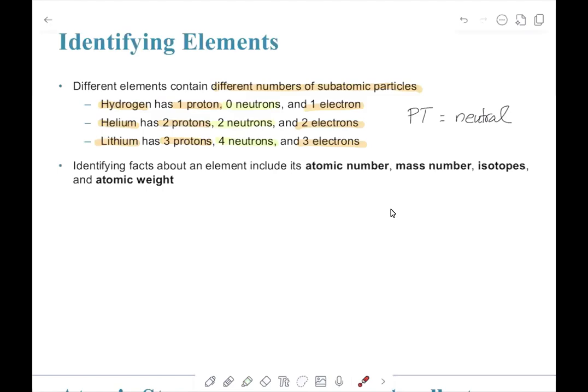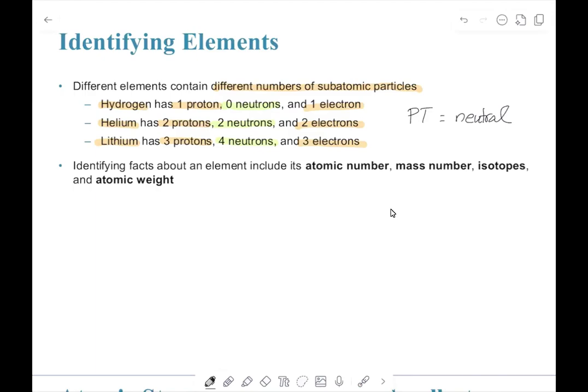The reason that's significant is because remember, the protons and the neutrons are the only thing that basically weigh anything. So when you calculate the mass of an atom, you only need to concern yourself with the mass of the nucleus, which, as you know now, is containing the protons and the neutrons.